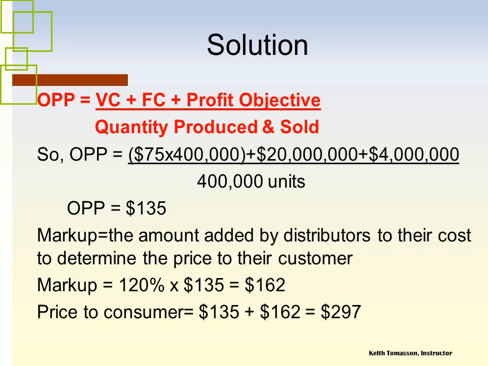So that's just an example of how we can use the concept of optimum price point as well as markup to make some business decisions when introducing a new product into the market. And this is an example of cost plus pricing.